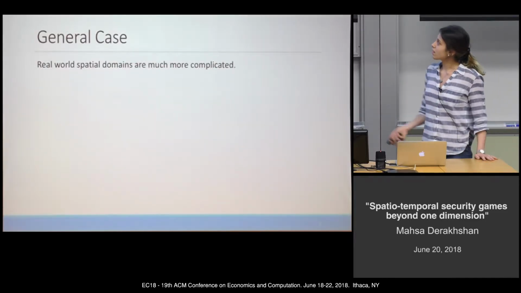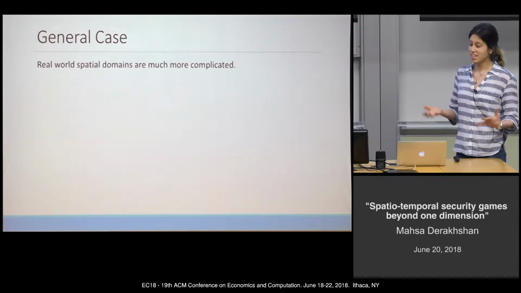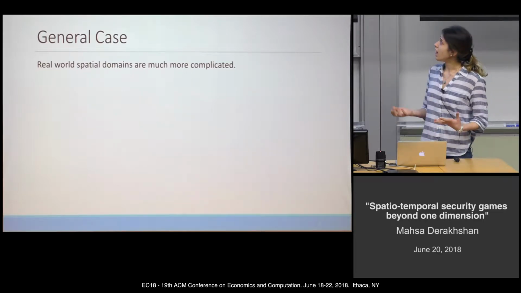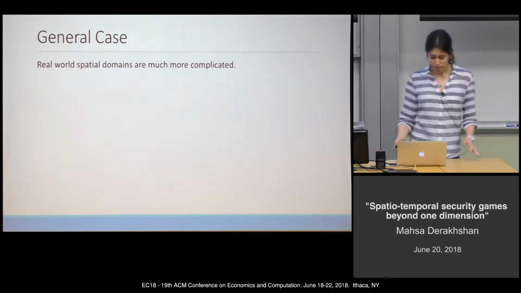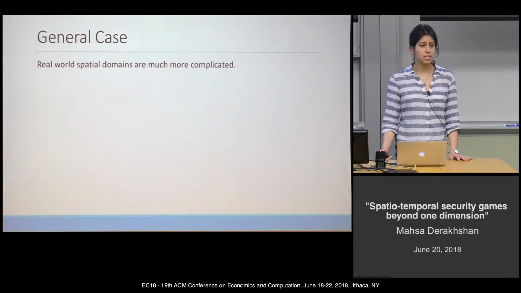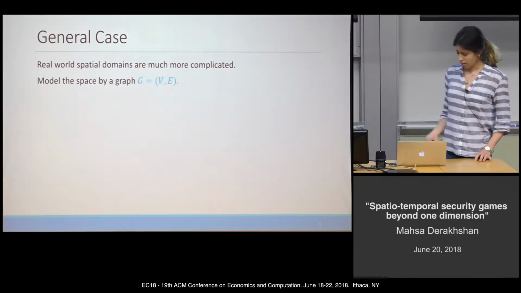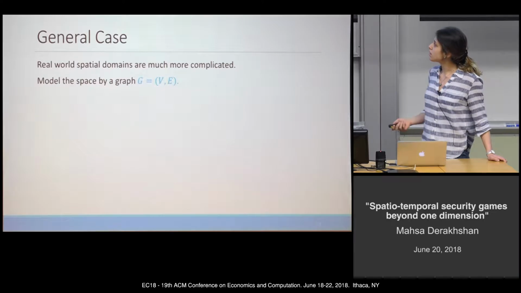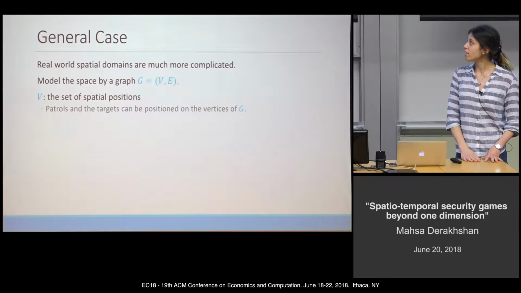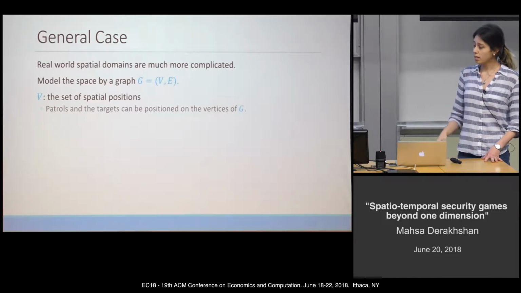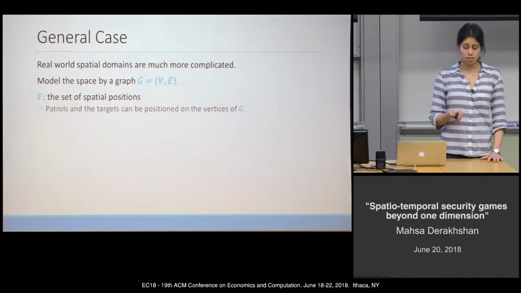This one-dimensional case is not the case for real-life applications, and real-life domains are more complicated than this. So what we do is model the space by a graph G with vertex set V and edges E. For any spatial position, we have a vertex in set V, and we assume that patrols and targets can only be positioned on the vertices.